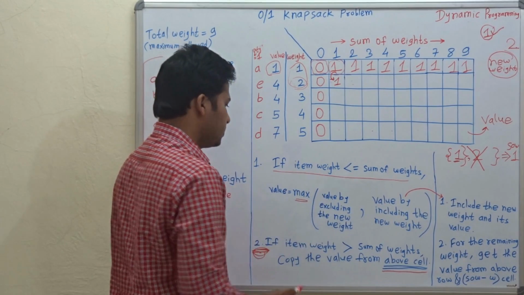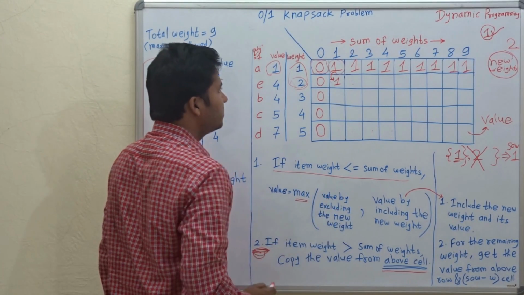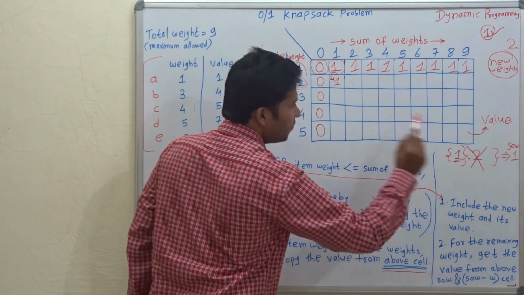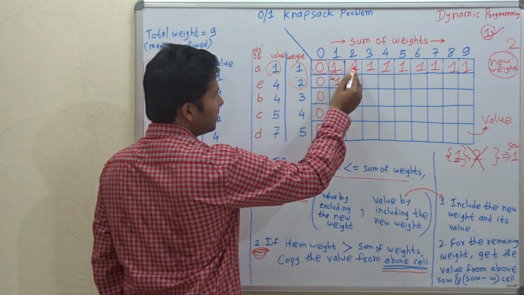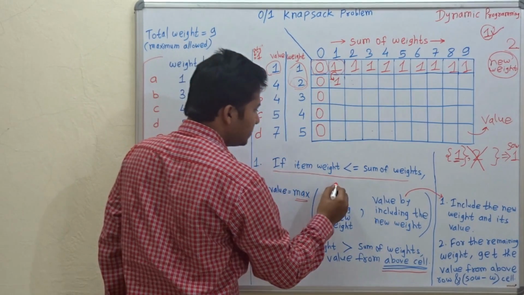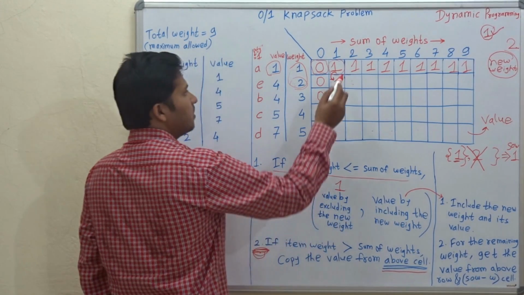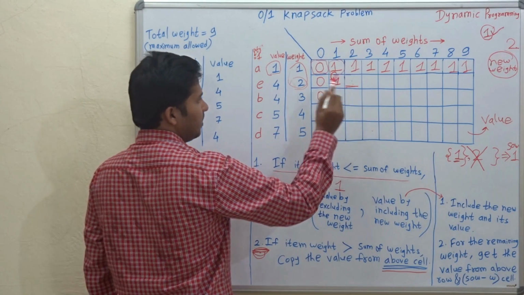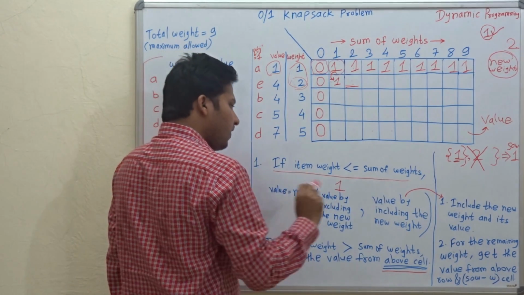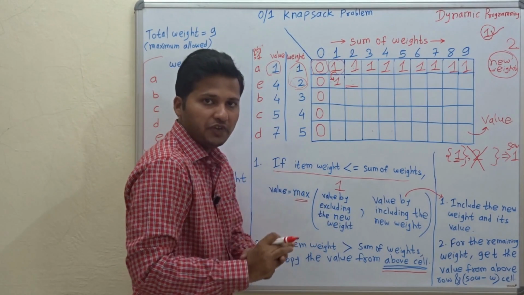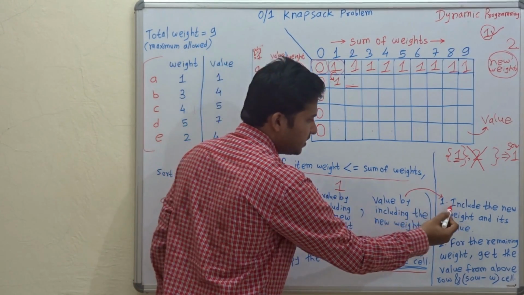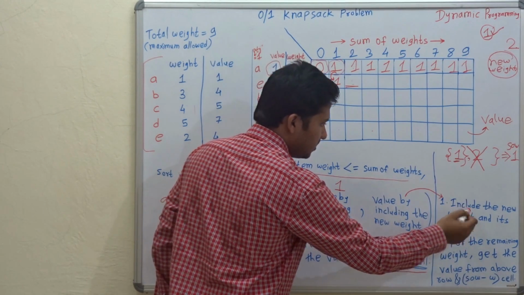Now let's see the first, value by excluding the new weight. So you know, by excluding the new weight, what is the value? The value in the above cell, that is 1. By excluding the new weight, this is the value for this cell. And value by including the new weight, now how to calculate it?